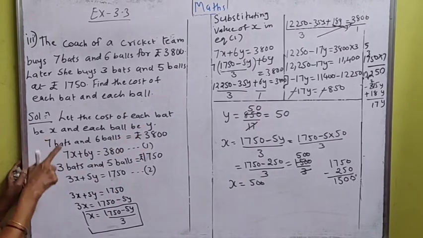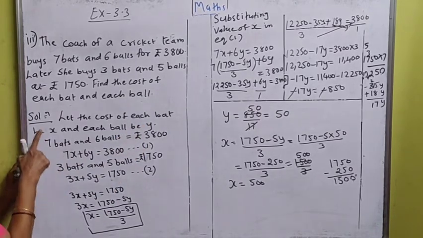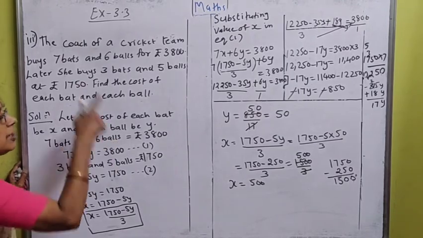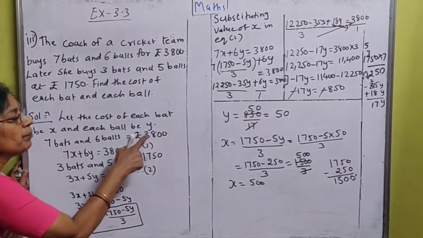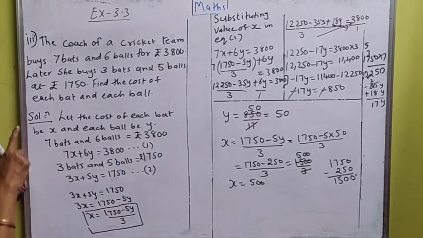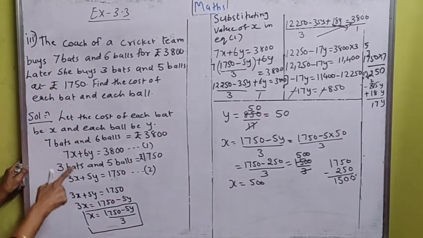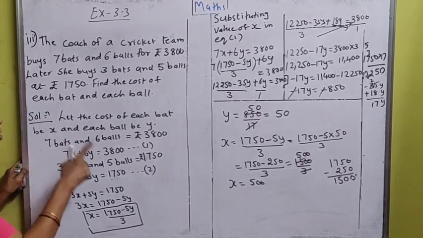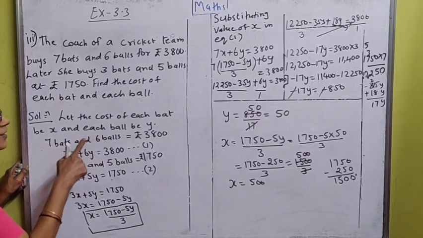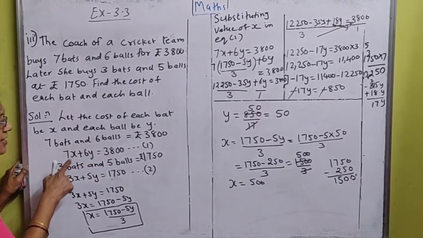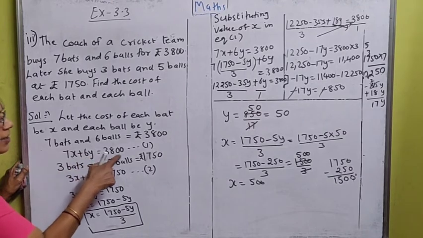She buys 7 bats and 6 balls, and together she pays rupees 3,800. For one bat, x rupees; for 7 bats, it becomes 7x. For one ball, y rupees; for 6 balls, it becomes 6y. So together, 7x plus 6y is equal to 3,800.